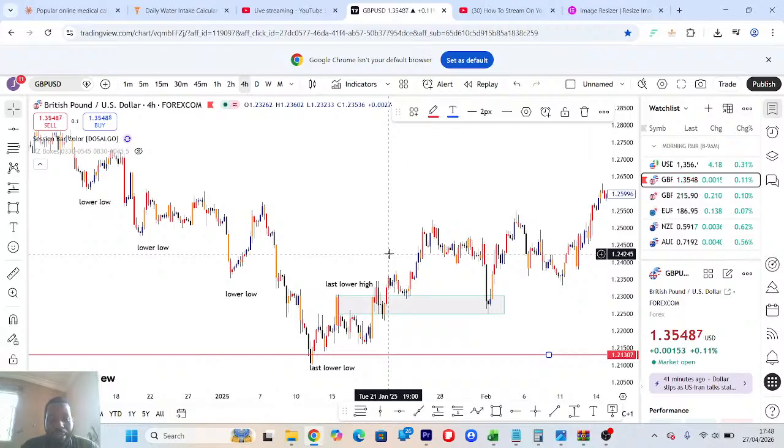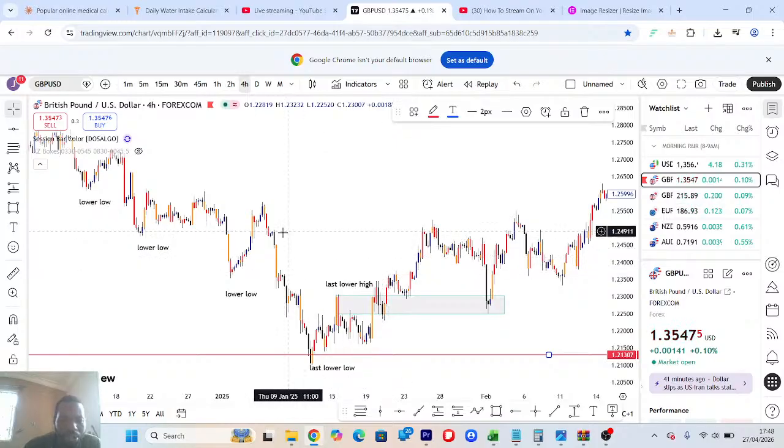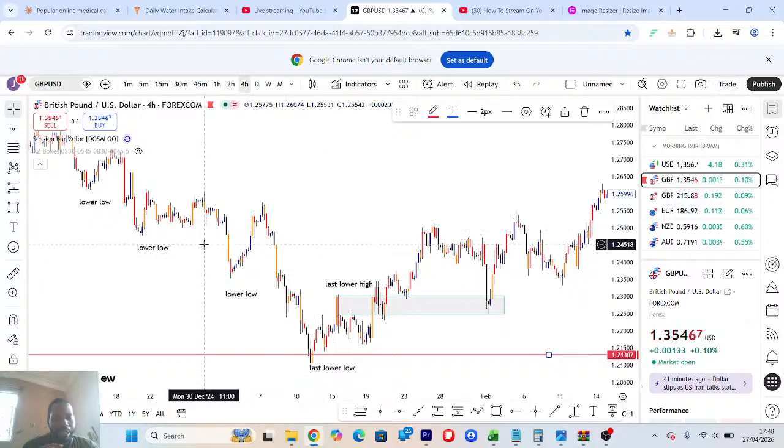So whenever market keeps breaking lower lows, that means the market is bearish. A change of character is a scenario where market actually breaks the last lower high, or the current lower high. Whenever you see market do that, you know that the market has actually shifted. Again, when the market creates lower lows, it means that the market is bearish.